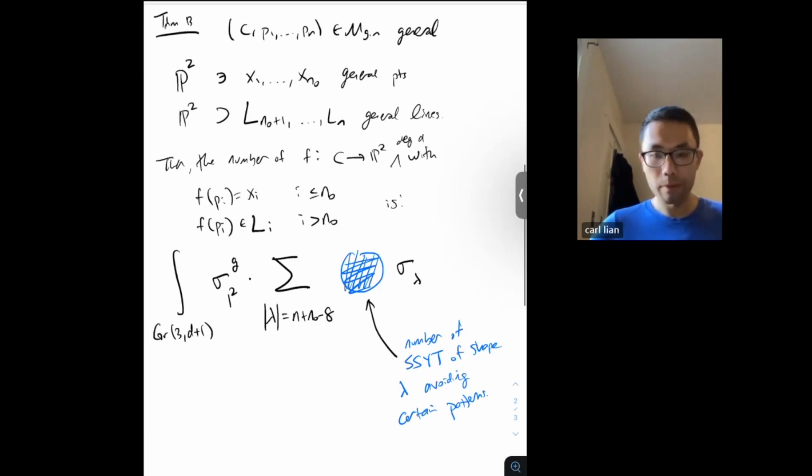So I don't assume you know what this means, and I will not really talk about this in this talk. But I just want to say this to indicate that there is some kind of combinatorial formula here.